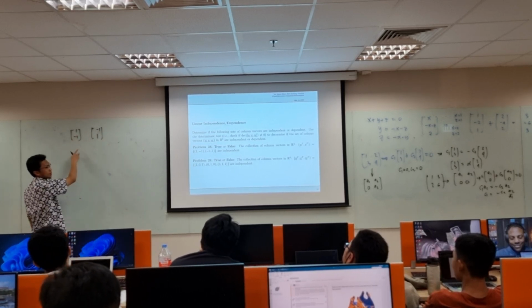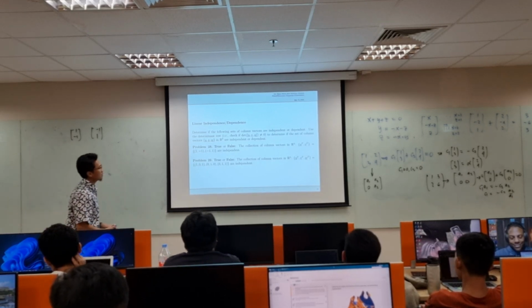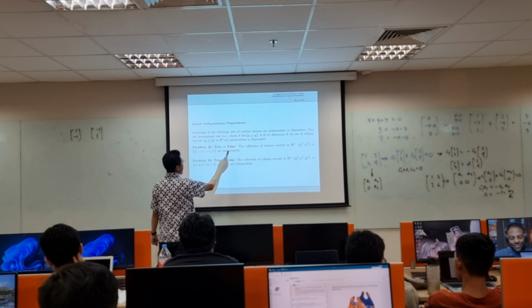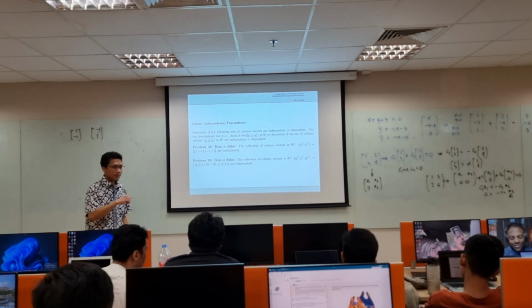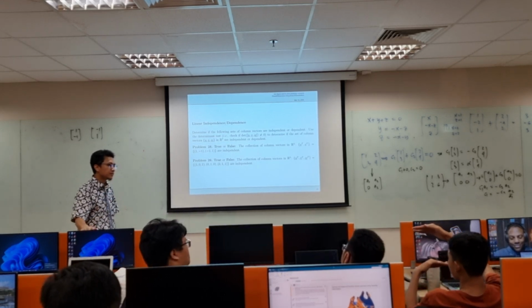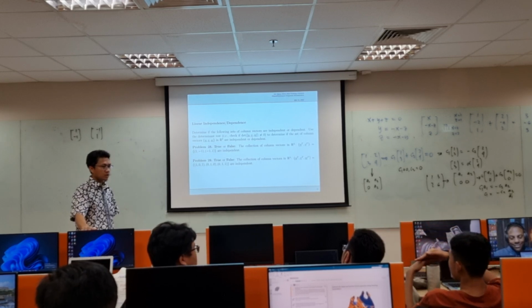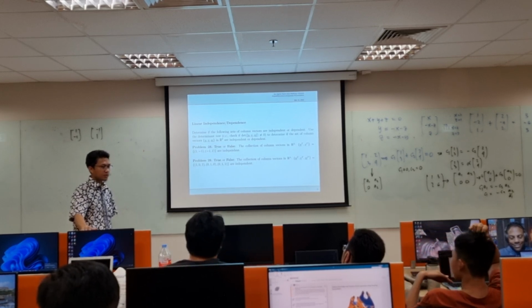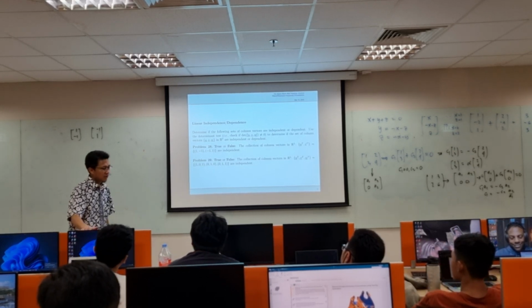So they are dependent, so the answer is false, because this is dependent. Can we use the Gaussian from you, plus it to the bottom 1 minus 1? You get 0. Yeah, you can also do that. If you can do that, then it is dependent.